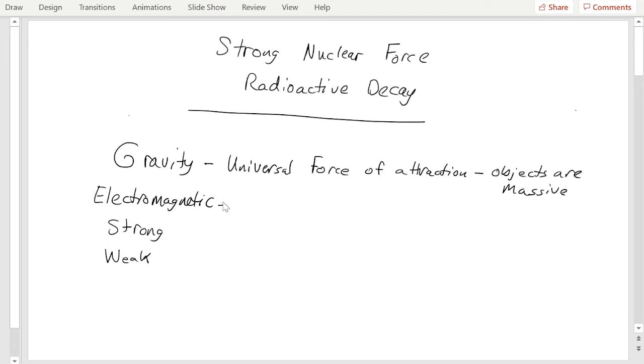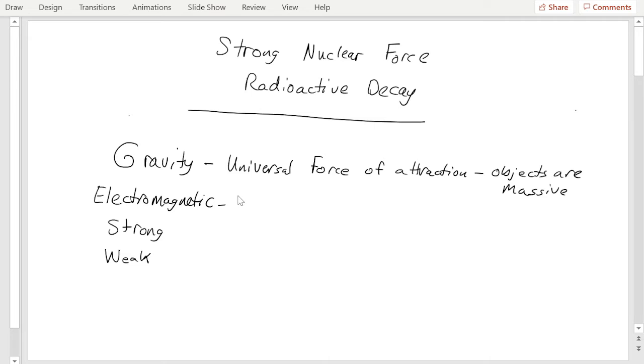Right. Now, there are objects that don't have mass that feel the effects of gravity, but they don't experience the gravitational force, right? And the electromagnetic force is light, right?